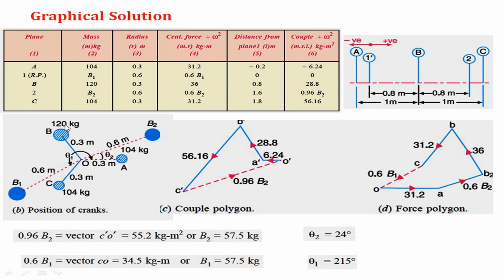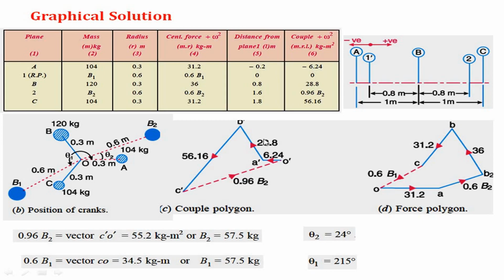So masses A, B and C are represented at a phase of 120 degrees to each other. Fine. Then we have to focus on the last column, which represents the couple. As we know, one of the values is 0 over here. So the couple polygon which is going to be formed will have 4 sides, and one of the sides will be unknown to us.